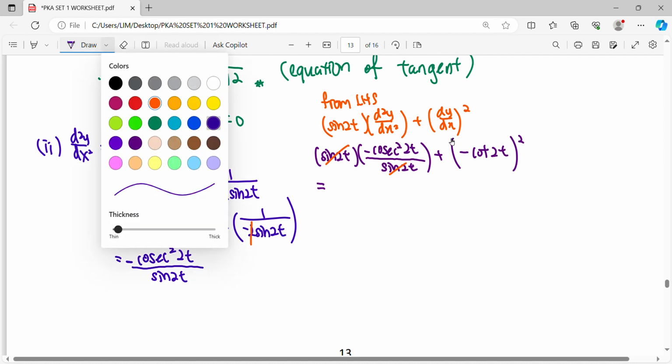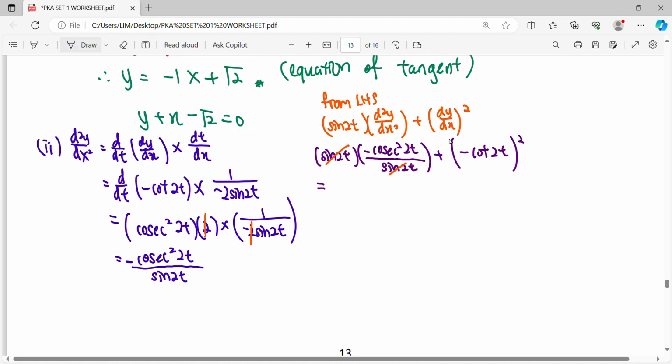Alright, then what is meant by negative cotangent square and negative cosecant square? It is equal to 1 over sine square 2t. Try to simplify.